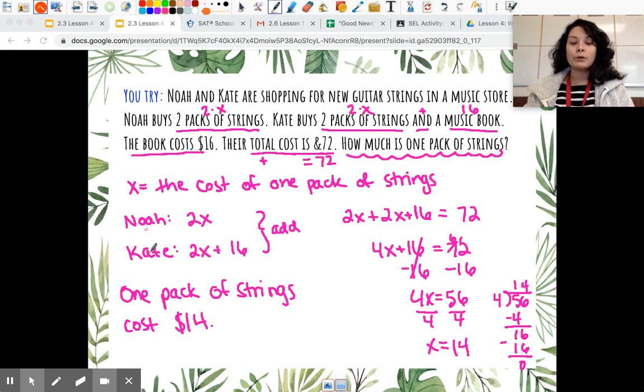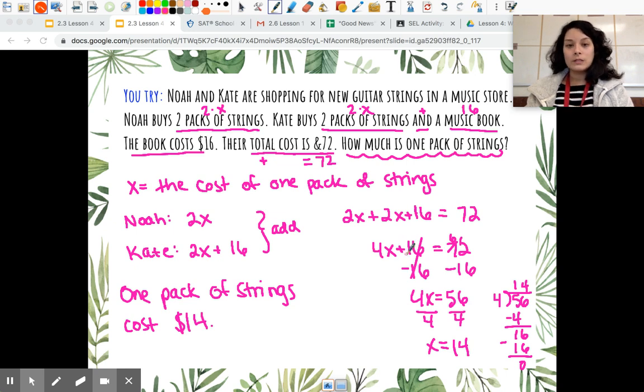And I kind of broke it down like the other problems where I did an expression for Noah. He bought 2 packs of strings, so 2 times x, which is the cost of 1 pack. And then Kate bought 2 packs of strings also, plus the $16 music book. So if I add both of these expressions up, 2x plus 2x plus 16, this is $72, so equals 72.